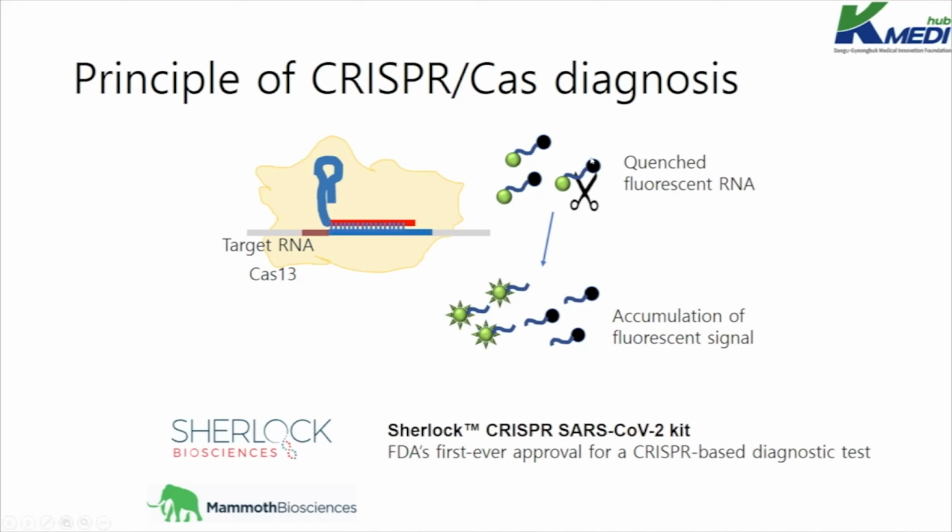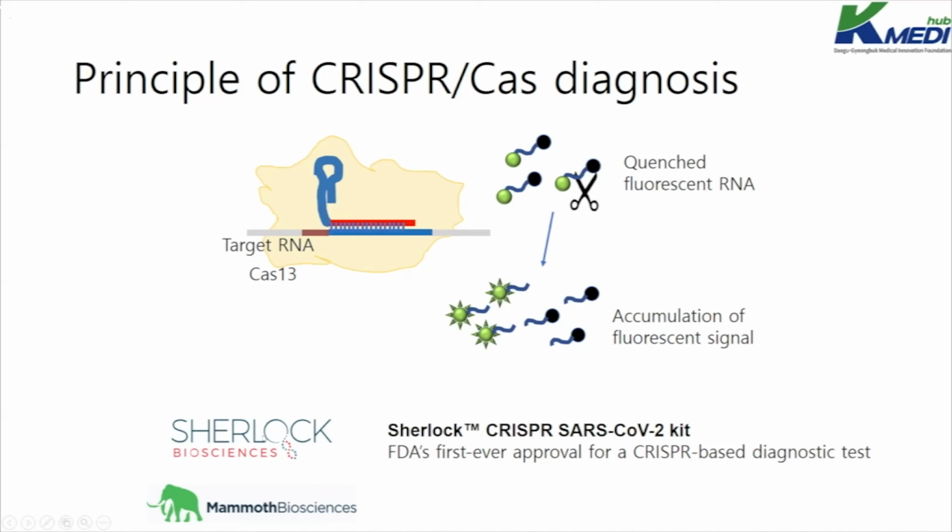So for example, this probe is modified with a fluorescent molecule and a quencher, so this probe cannot make a fluorescent signal. But when it is cleaved like this, the fluorescent signal is turned on again. So this principle is used for many CRISPR-Cas diagnoses.